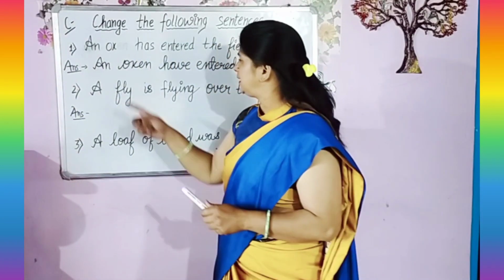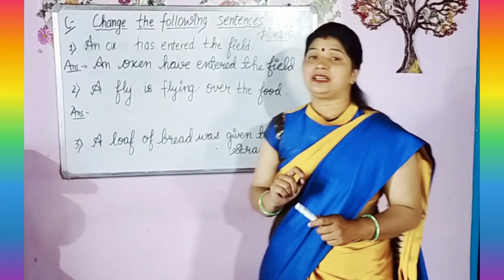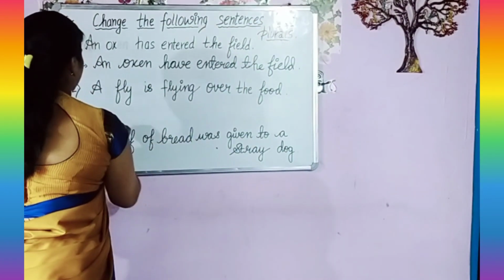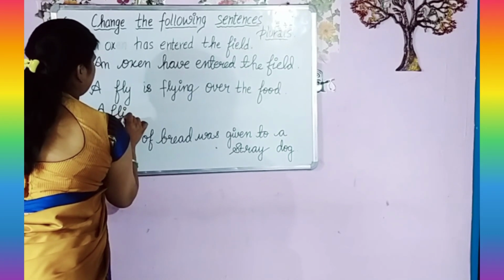Okay. Now see the second one. A fly is flying over the food. It means we are talking about only one fly. So if we convert it into the plural form, how will we write it? What will fly become? It will become flies. So the statement will be flies.